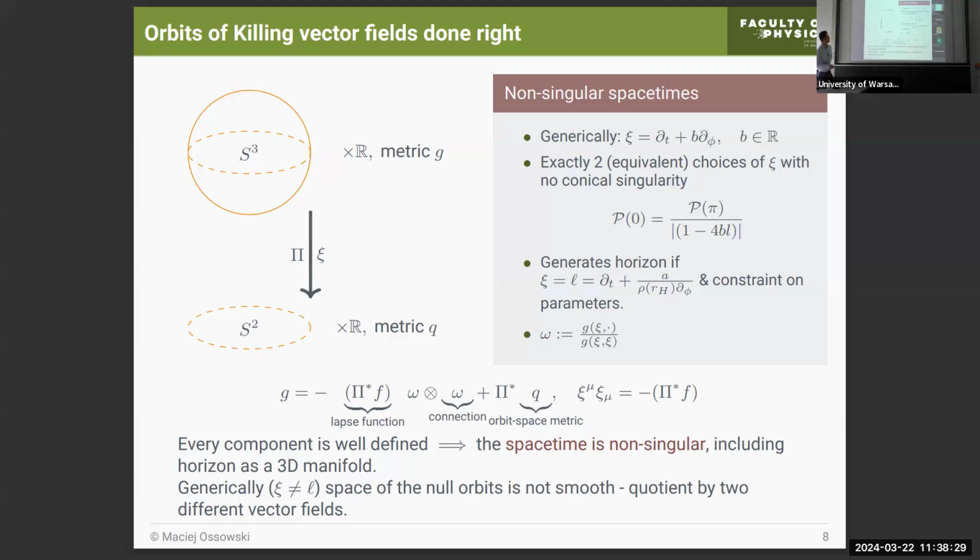Let me maybe tell something that I think is quite interesting about this condition for vanishing of the conical singularity, given in terms of these functions p. So this parameter b, which essentially chooses a congruence of Killing vector fields, which is just like a choice of a different co-rotating observer, appears only multiplied by the knot parameter.